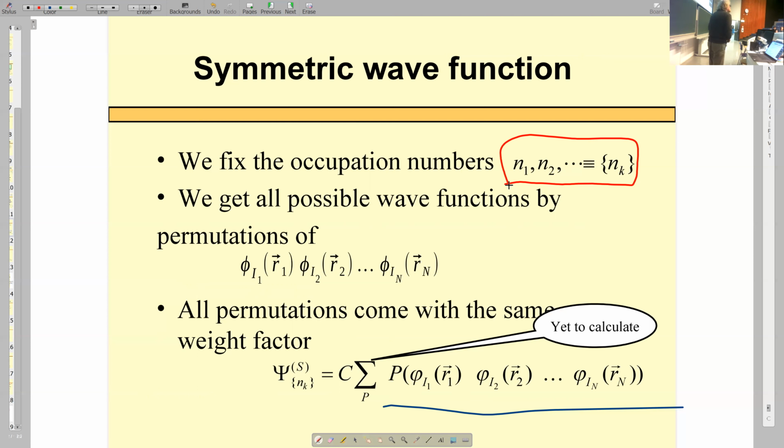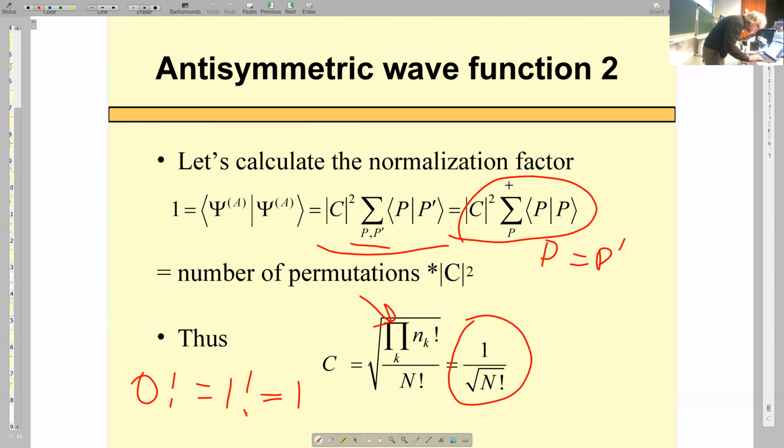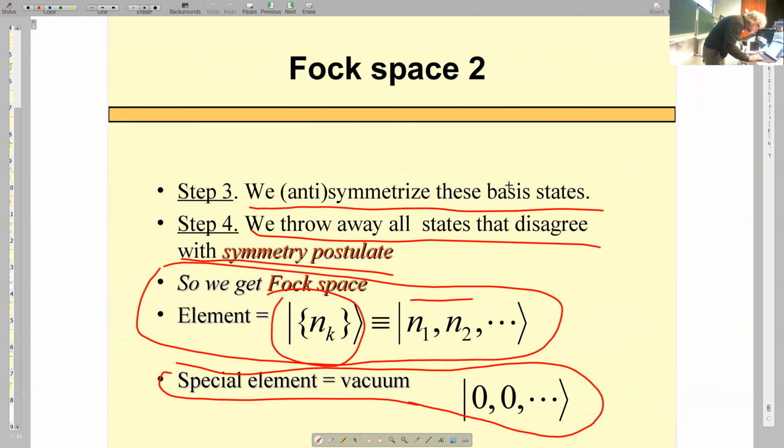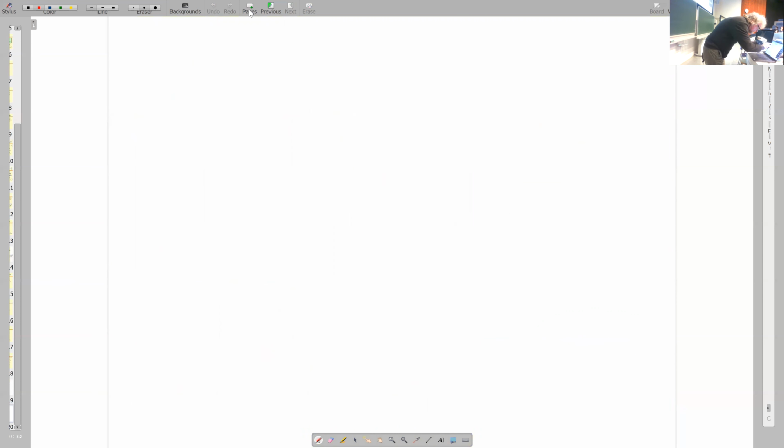Yes? Why do you get zero if you have two particles with an antisymmetric wave function? Let's try this. Good.